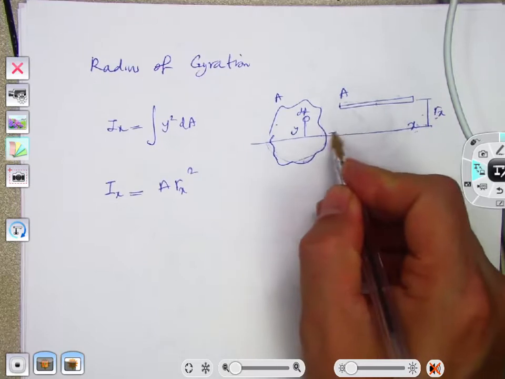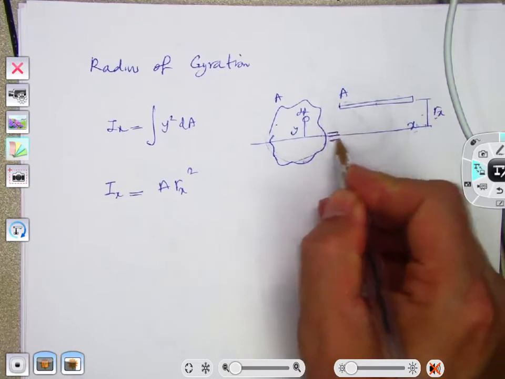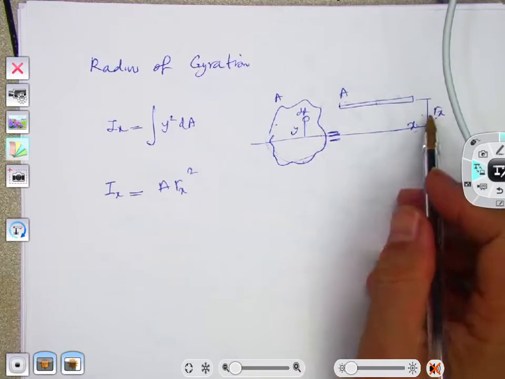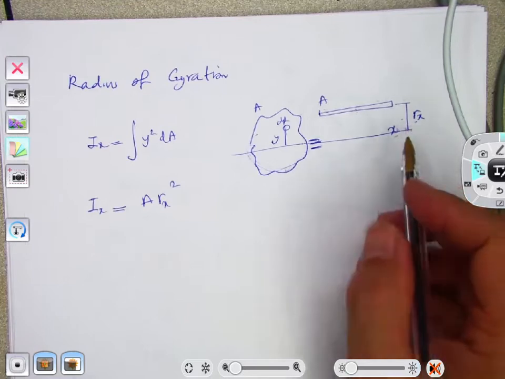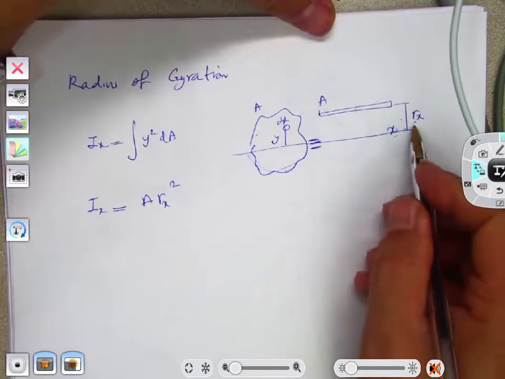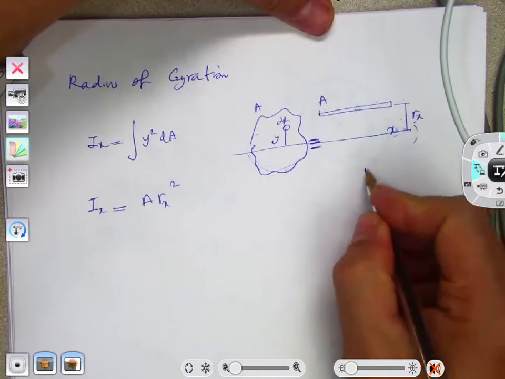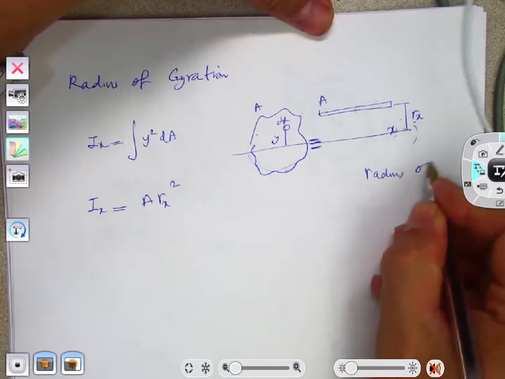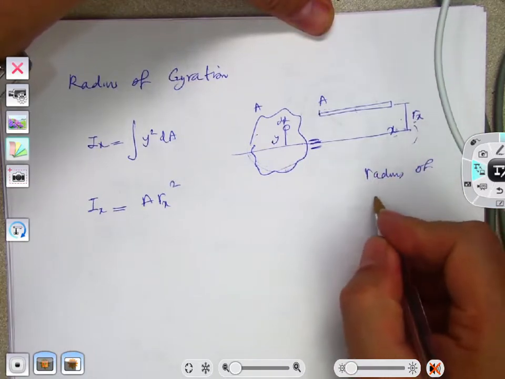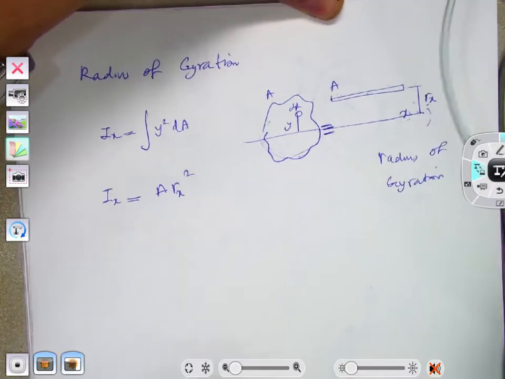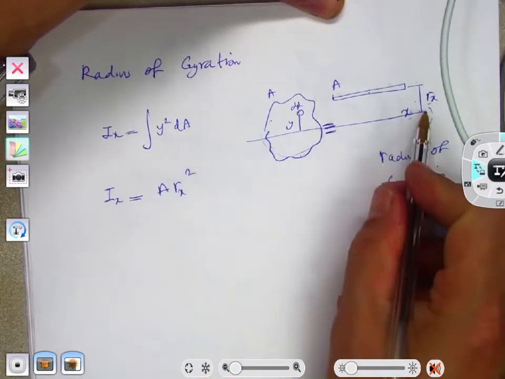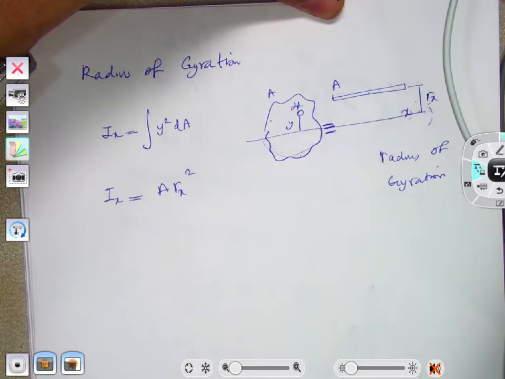So these two are actually equivalent. Then that distance that we find, we are going to call the radius of gyration. We call it Rx because it's about the x-axis.